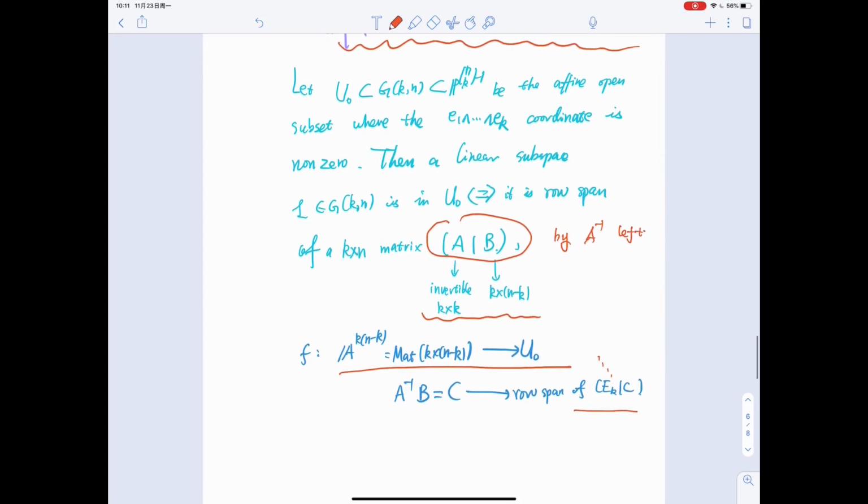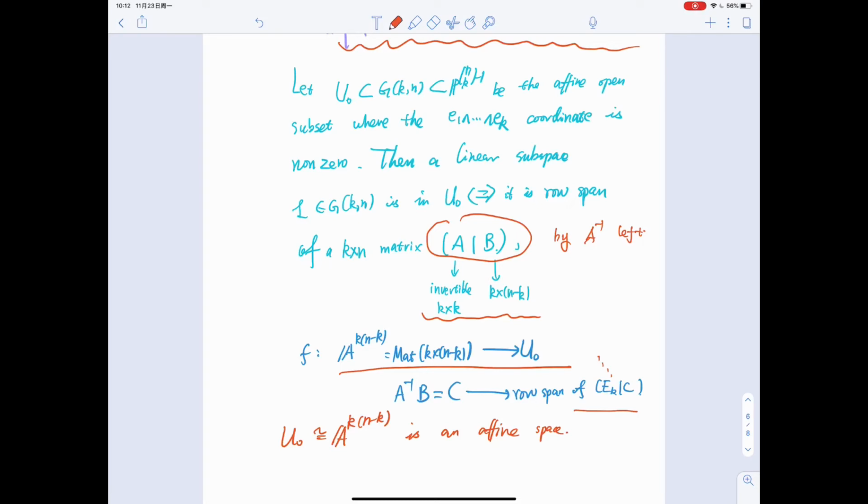It is easy to show that F is bijective and also a morphism. So U0 is isomorphic to an affine space. The same argument also holds for other affine patches where one of the Plücker coordinates is not zero.